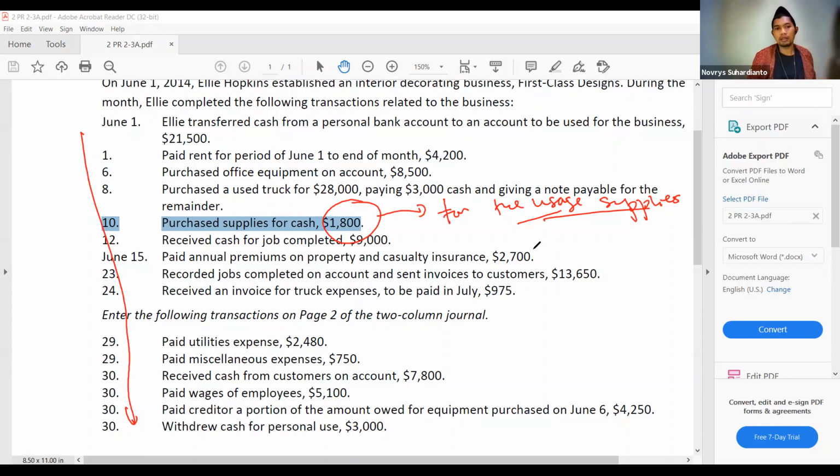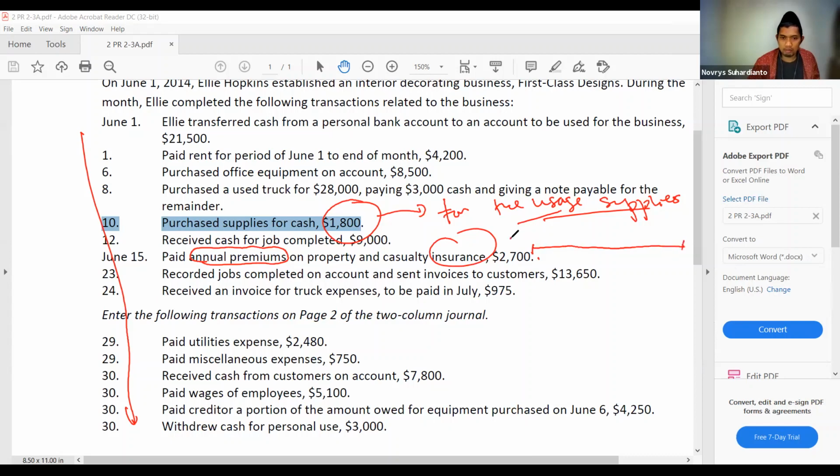Okay, another thing is June 15. So on June 15, the company paid annual premiums for the insurance, because this is annual premiums. The insurance gives the company protection for a year.